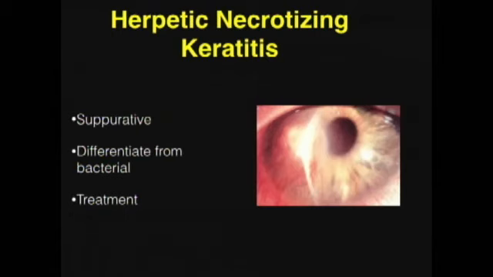So necrotizing keratitis is a suppurative infection and inflammation of the corneal stroma. Do you think we will have an epithelial defect here? Yes. How to differentiate between necrotizing keratitis and bacterial ulcer?